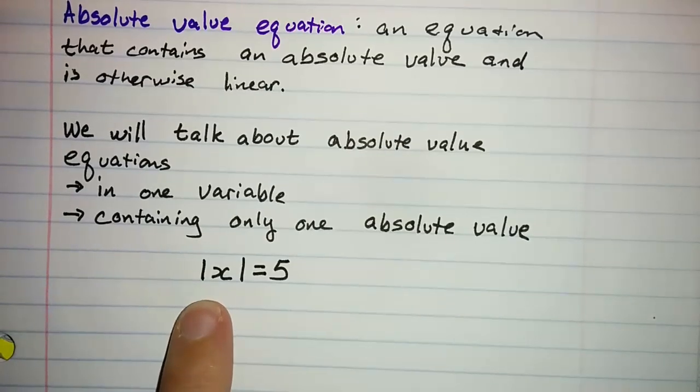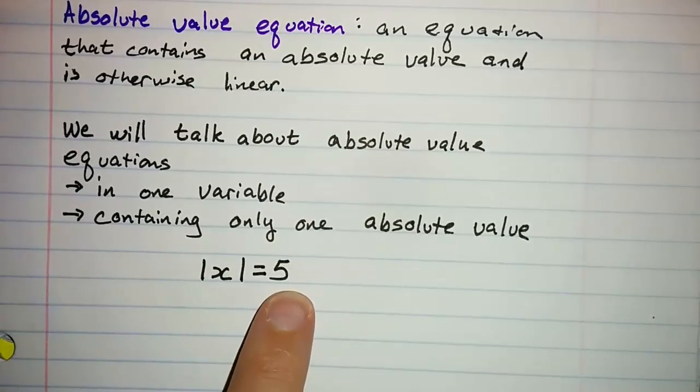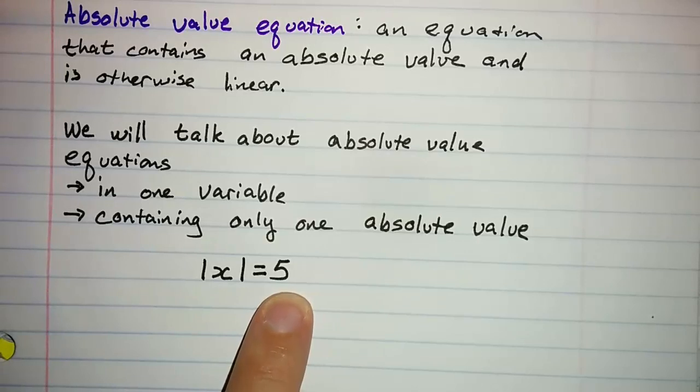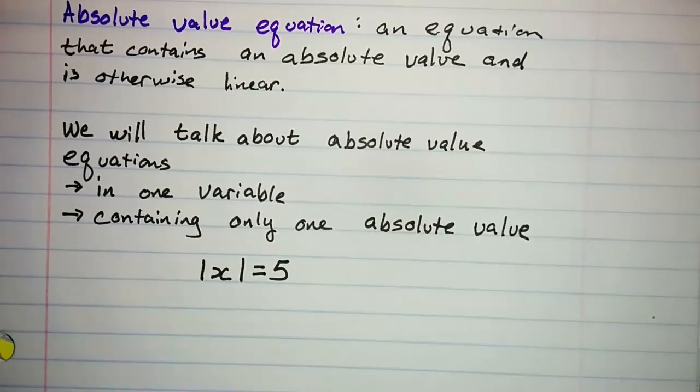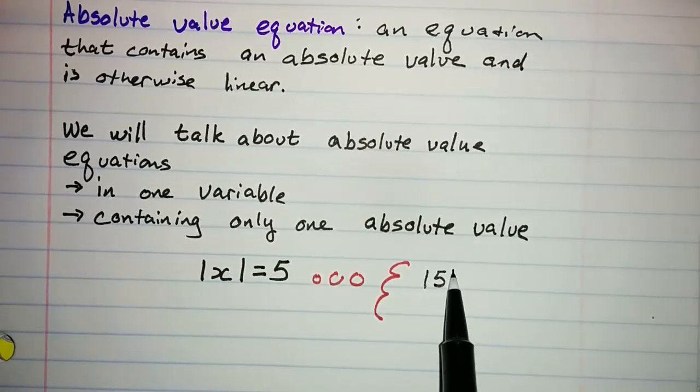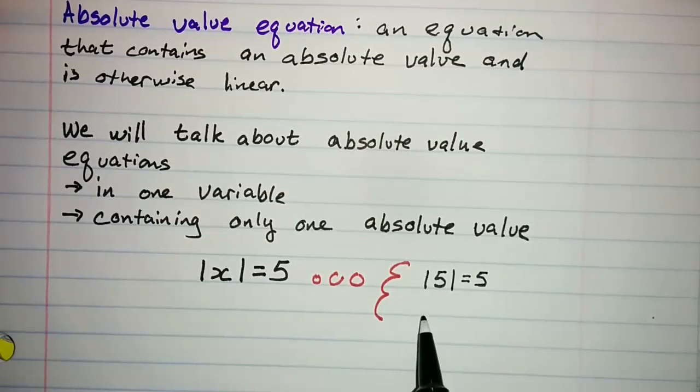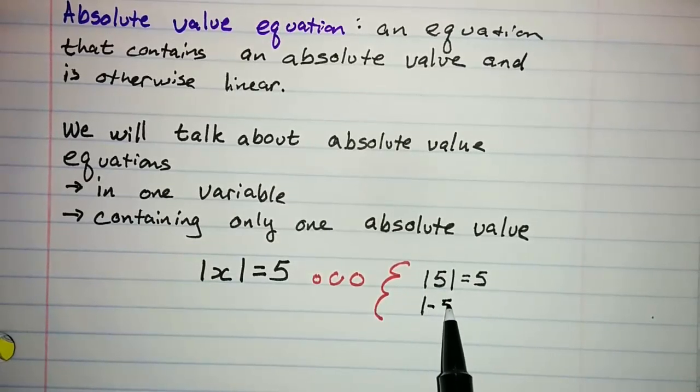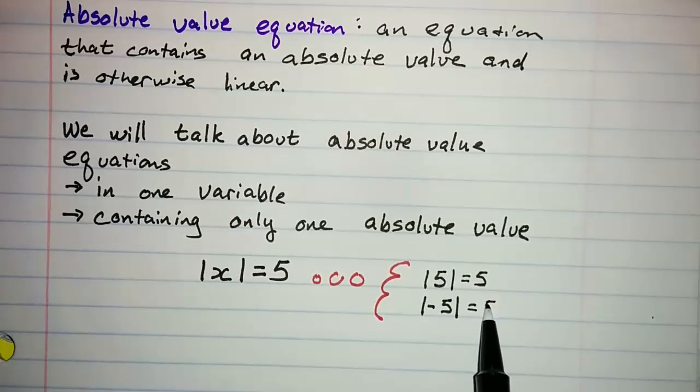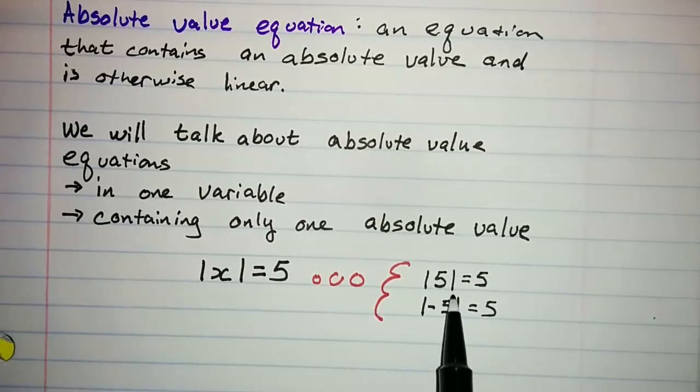Well, this tells us that x is a number whose absolute value is 5. We know that the absolute value of 5 is 5. The absolute value of negative 5 is 5. And that's it. 5 and negative 5 are the only two numbers that have absolute value 5.